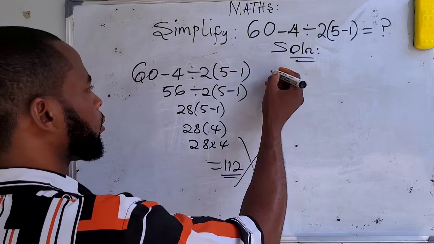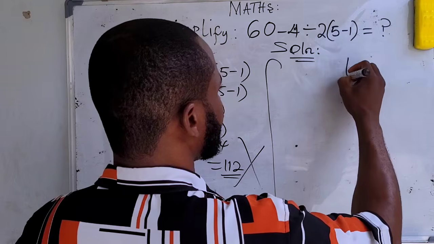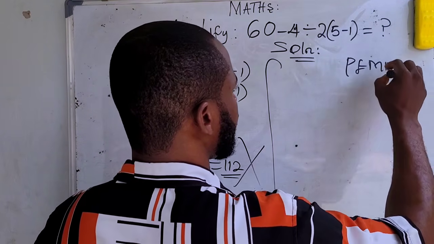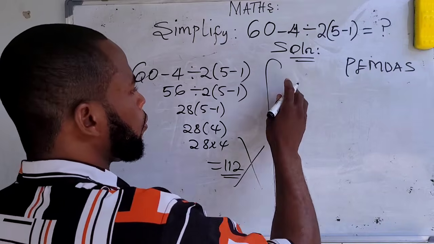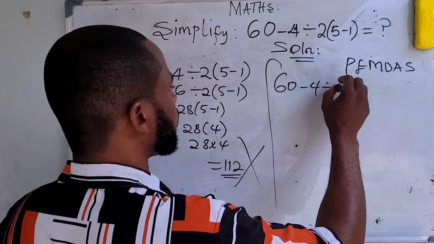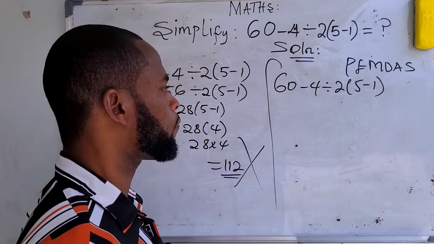Now, to solve this correctly, we are going to apply what is called PEDMAS. We have the question here, 60 minus 4 divided by 2 into 5 minus 1.